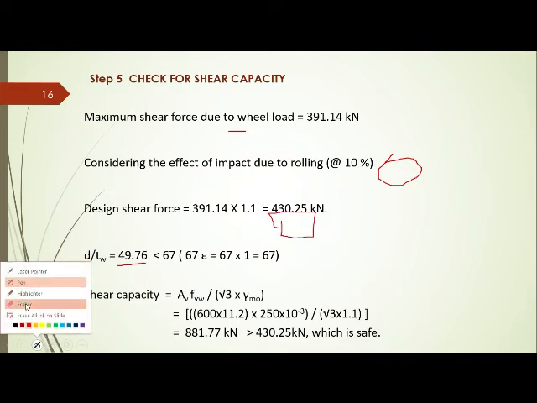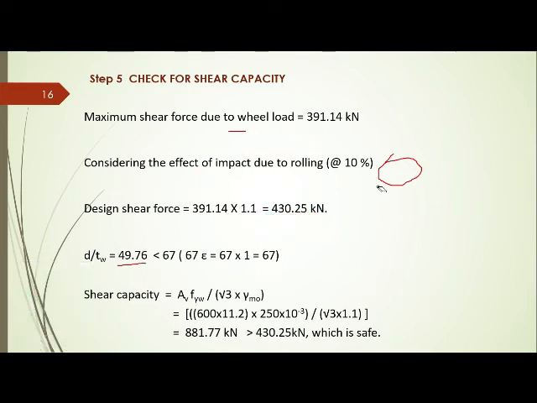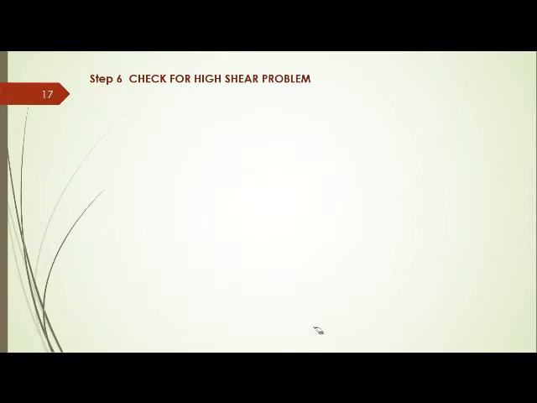The shear area is the area of the web Av and fy, and it is coming as 881.77, which is greater than the shear coming on the section. So the shear capacity of the section is higher than the shear load, so it is safe.